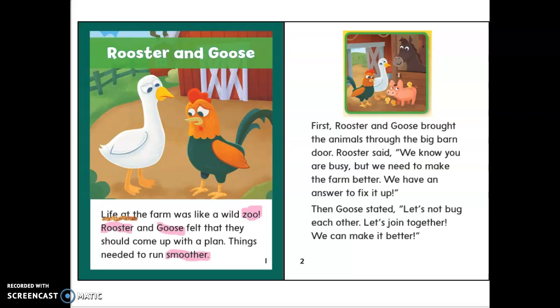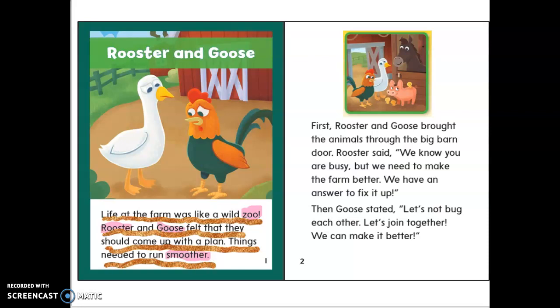Life at the farm was like a wild zoo. Rooster and Goose felt that they should come up with a plan. Things needed to run smoother.